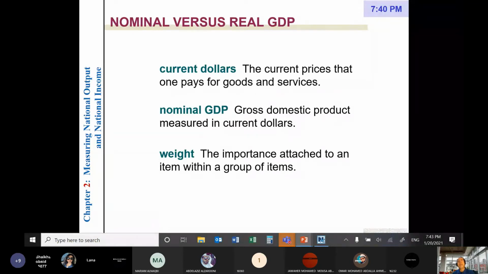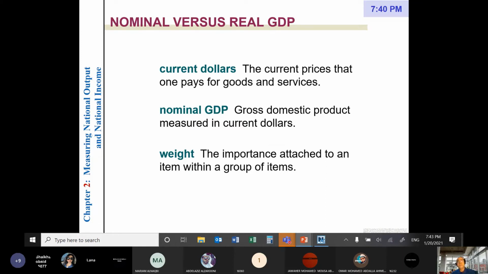And I purchased 1 loaf of bread. I paid 2 dirhams for a bread. So see here, I use dirhams and I use current prices. I purchased a kilo of tomatoes for 5 dirhams. I purchased a loaf of bread for 2 dirhams. So we use current prices, whatever goods and services.